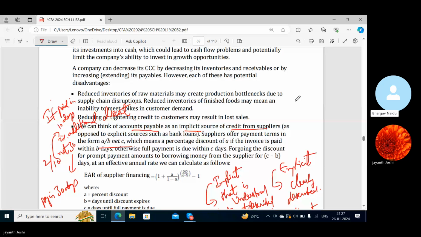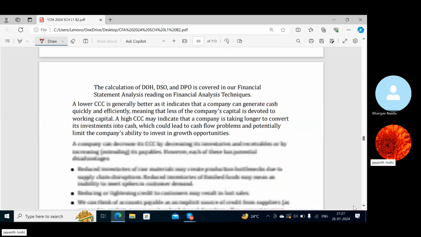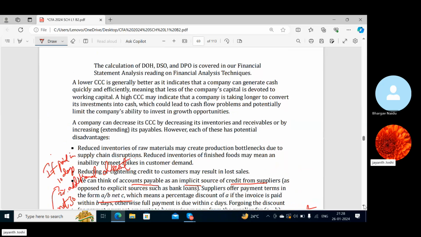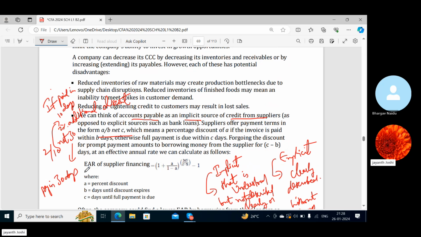After that, I hadn't written anything. Yeah, we discussed cash conversion cycle, more and less cash conversion cycle, how we can decrease or increase it, and what businesses usually do, like decreasing certain assets or liabilities, or extending payables. We stopped exactly here, and now we're discussing this because we are going to find the effective annual rate.